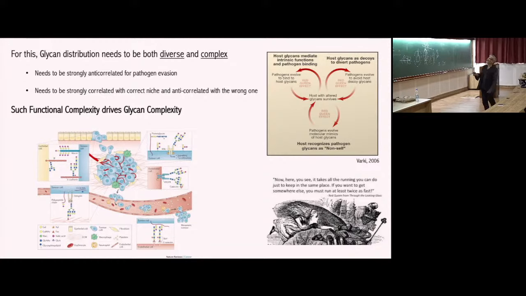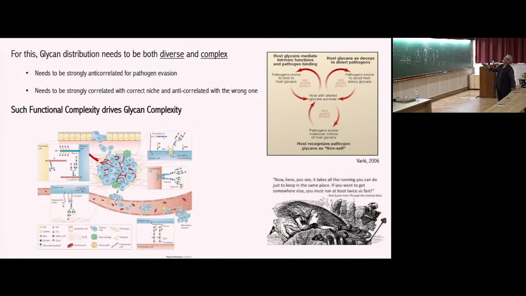What does that have to do with glycans? Imagine that you have host glycans. The host glycans mediate a variety of intrinsic functions, including pathogen binding. The pathogens evolve to bind to the host glycans because they want to enter the cell, so they want to bind to some protein.